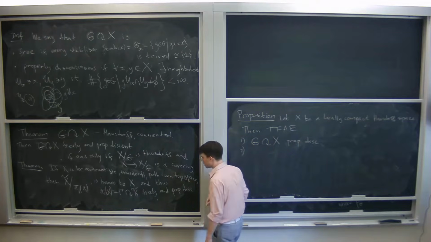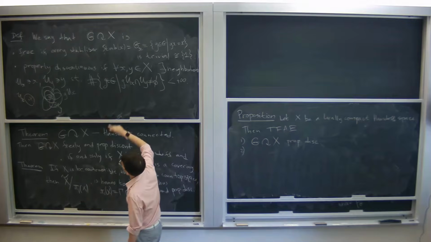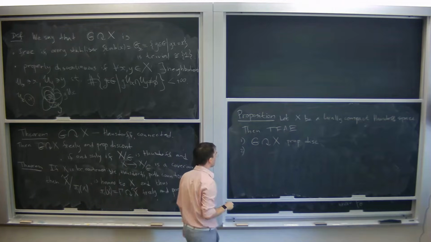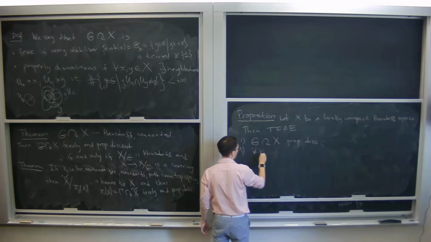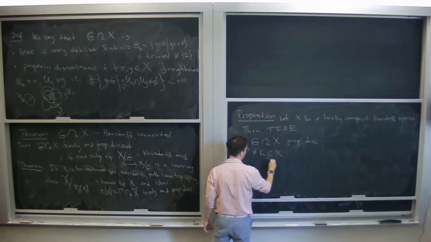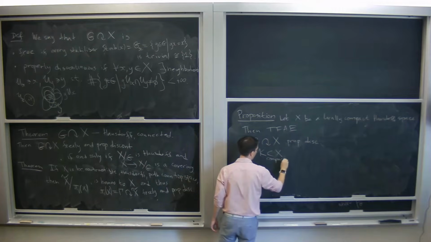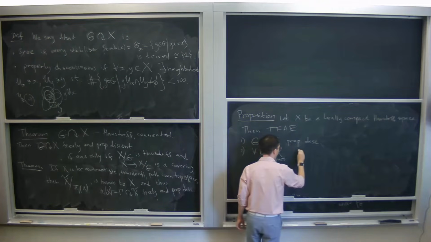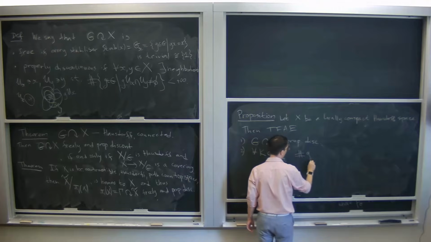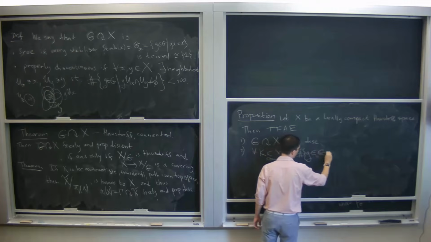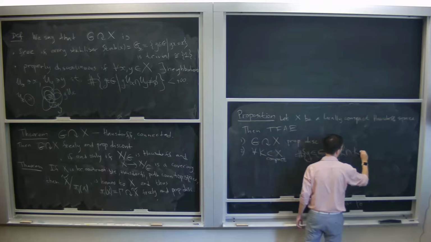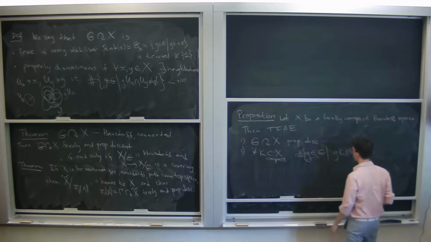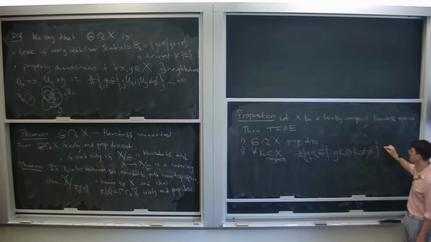The second condition is that I want you to reformulate this definition in the setting of compact subsets of X: for every compact K in X, the number of elements g in G such that gK overlaps with K non-trivially is also finite.